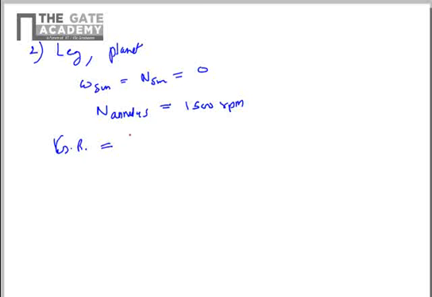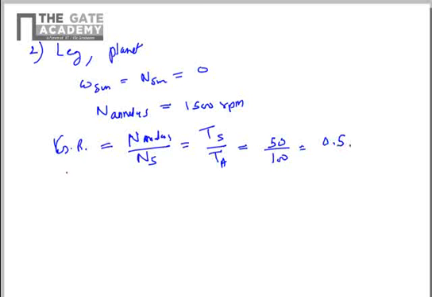Here the driver is the annulus. So n annulus by n sun will be the gear ratio. This will be equal to teeth on sun divided by teeth on annulus. This is equal to 50 by 100, which is 0.5. So we know the gear ratio now, and we'll use our approach.